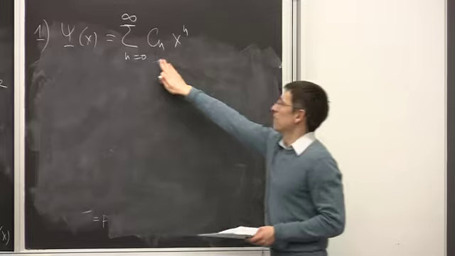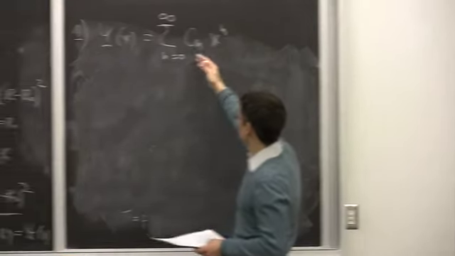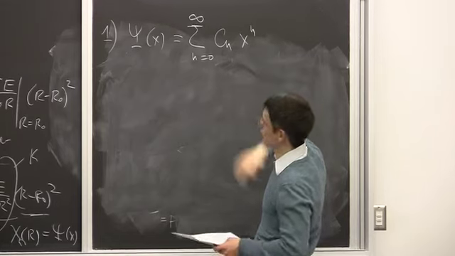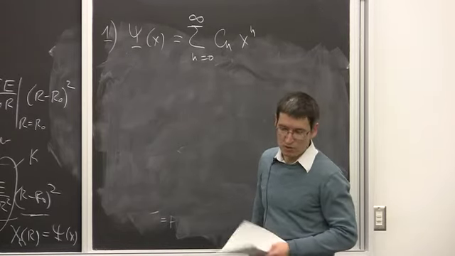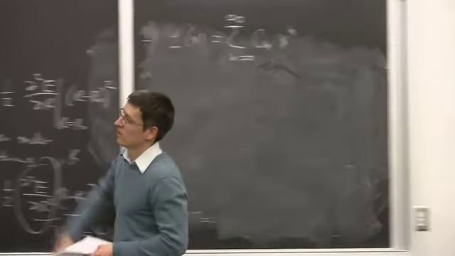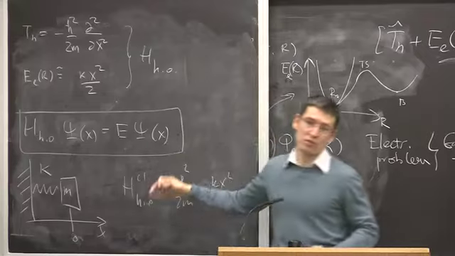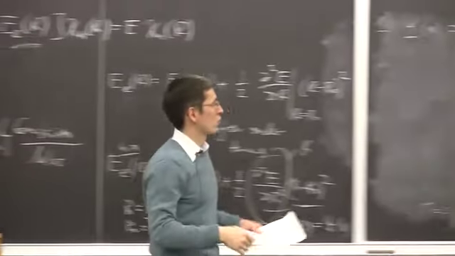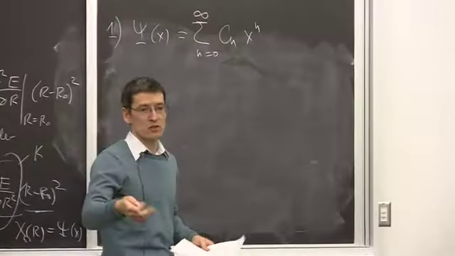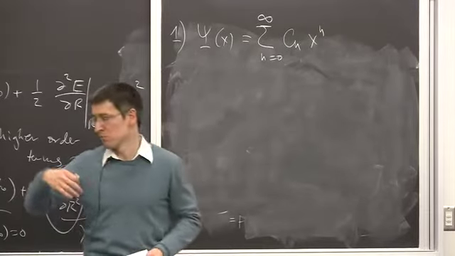Once you have your wave function written as essentially a linear combination of x to the n, then you can put the function psi in the left-hand side and right-hand side of the equation, and figure out what the relation should be between the coefficients Cn, say with Cn plus 2, Cn minus 1.